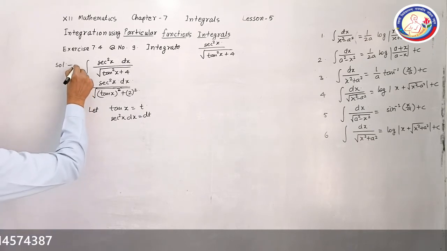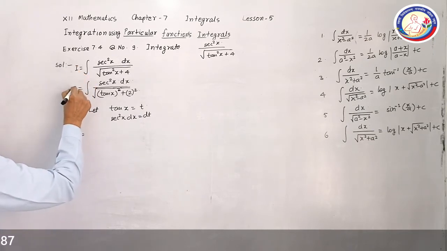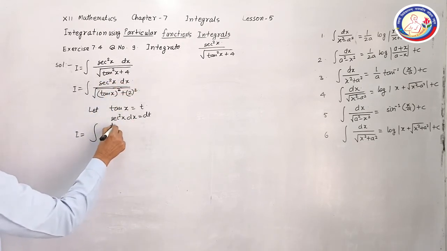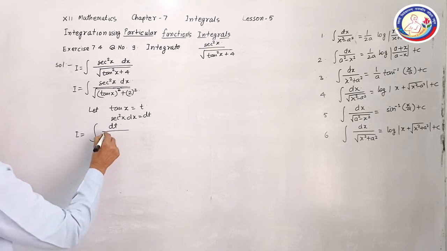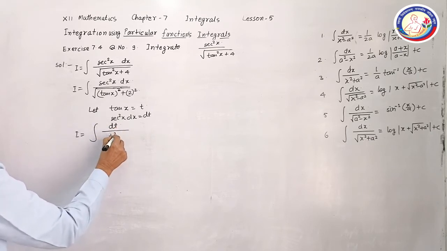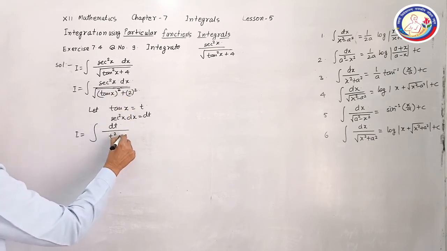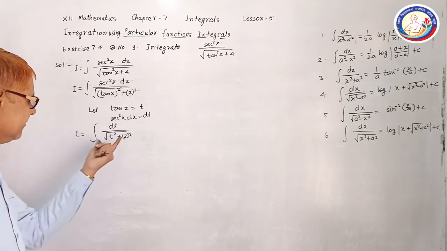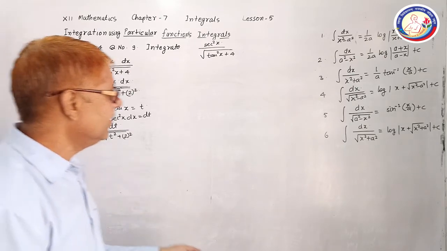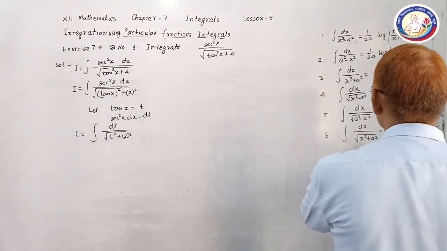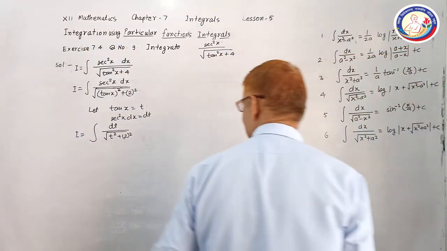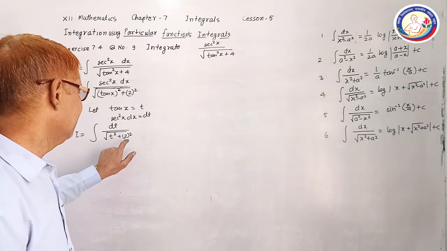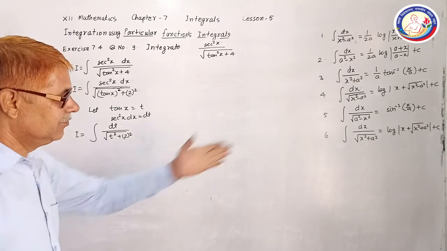The integral will be sec square x dx, that is dt, upon tangent x, that is t square, and 2 square, and square root is here. So it matches with this formula. Here in place of x we are having t, and in place of a we have 2 here. Use this formula.